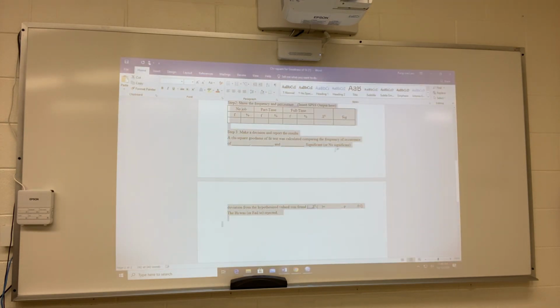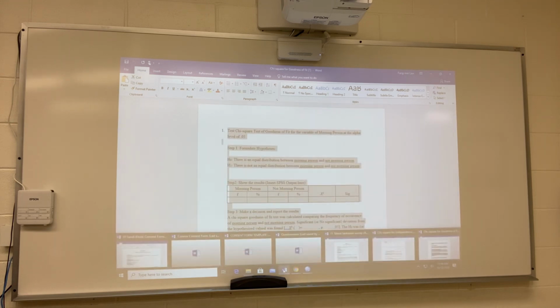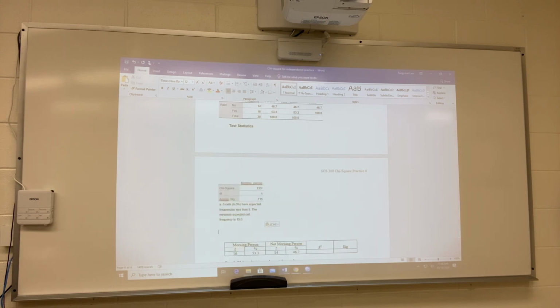Then paste before the table. I want you to put your chi-square there, 0.133. Your sig is 0.715.